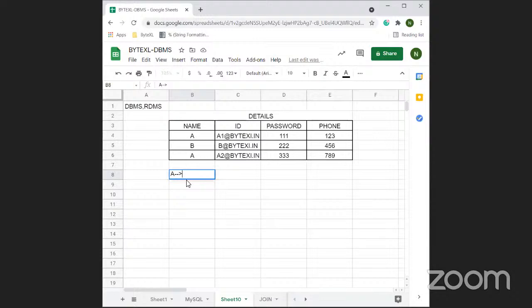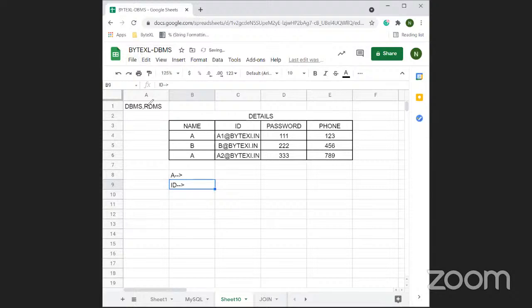If I tell A, there are two people with the same name. When we take worldwide data, multiple people with the same name, that's a possibility. But if I give ID, definitely there will be no duplicates in that. ID, this column is completely unique.